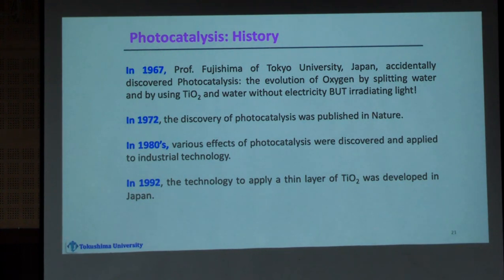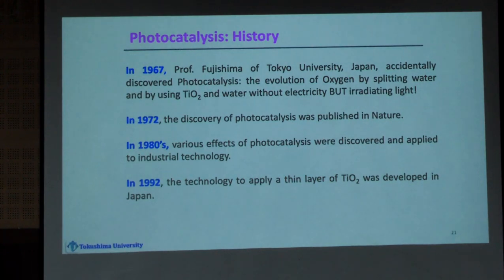Electrochemical electrolysis needs some kind of electricity. So he wanted to do photocatalysis, and he found that it is possible to do photocatalysis with the help of light, without using electricity. This is very important, without using electricity.